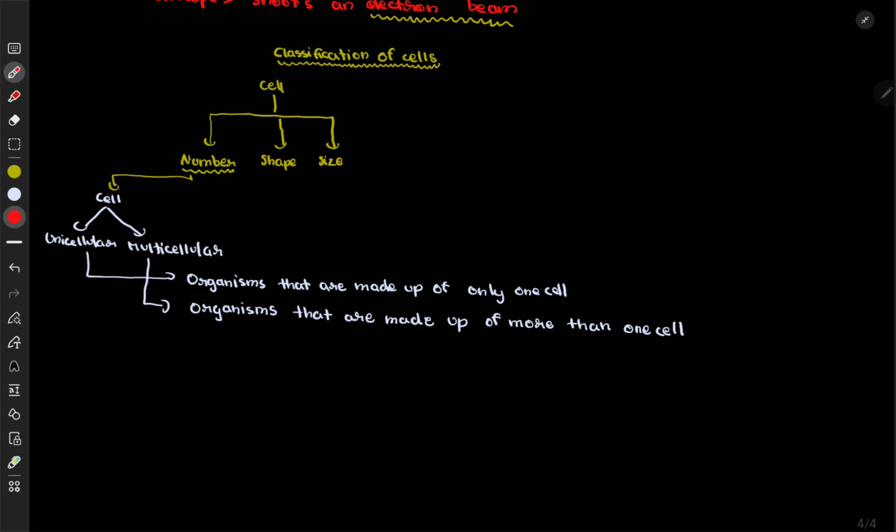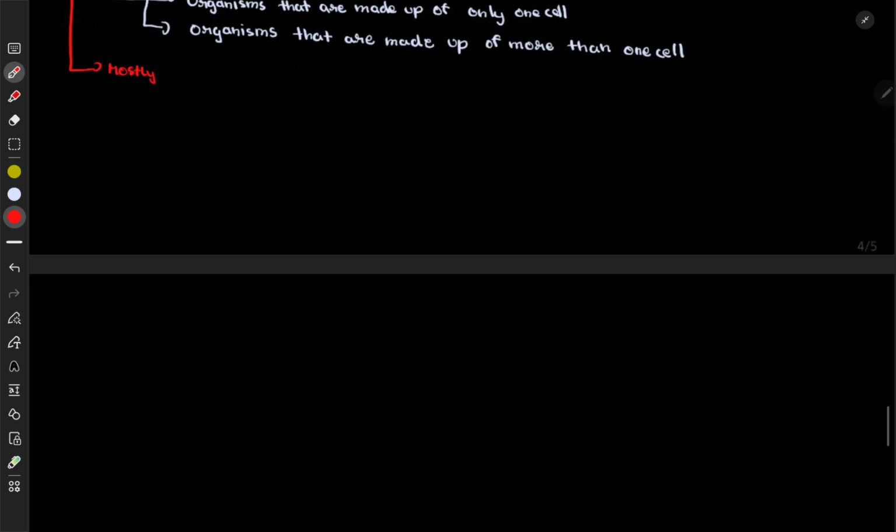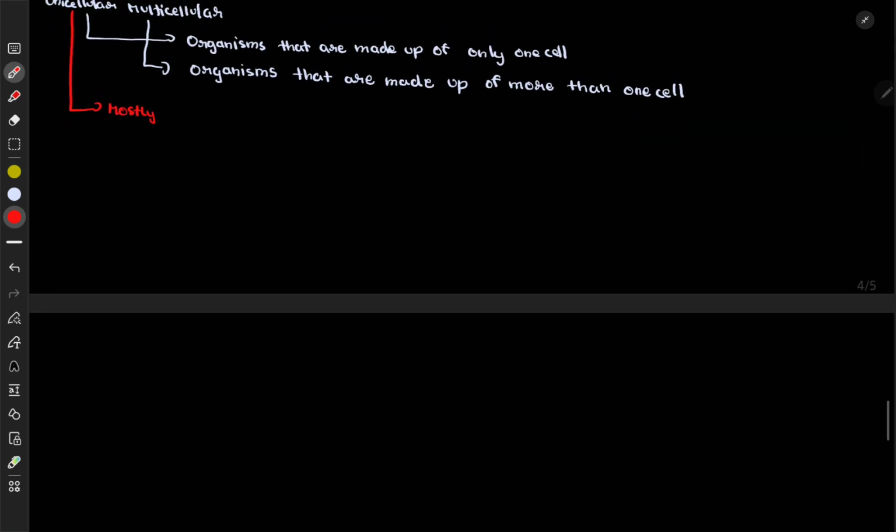Now, these unicellular organisms are mostly microscopic.